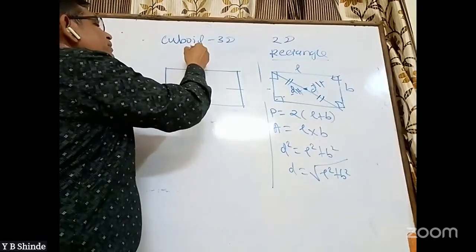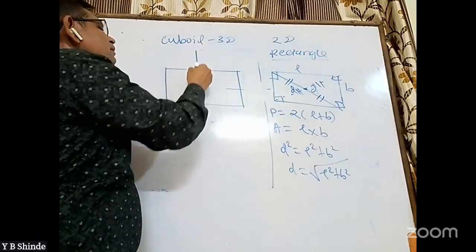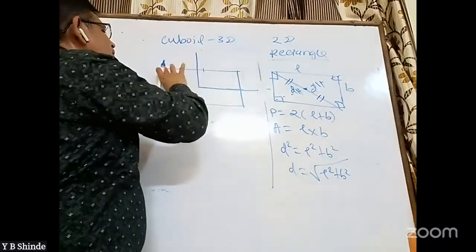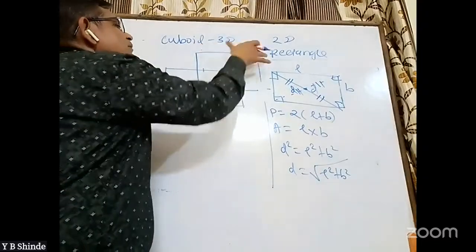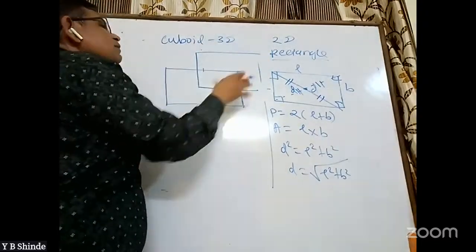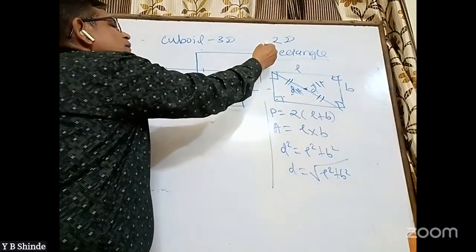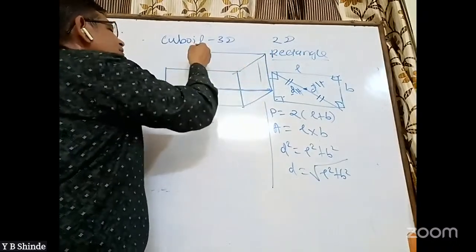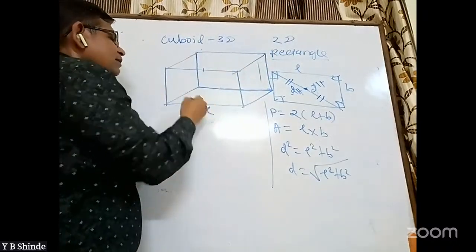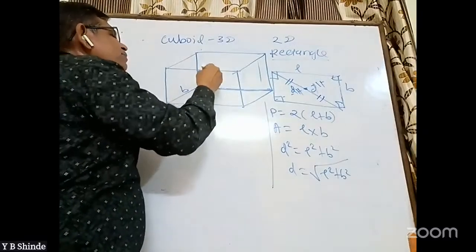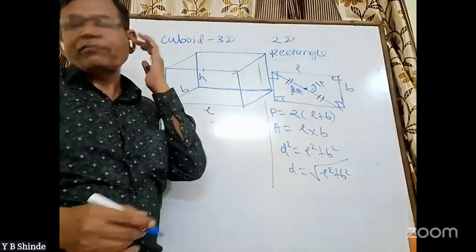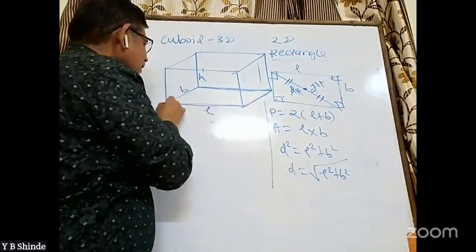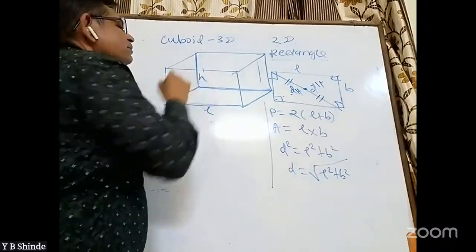How to draw the cuboid? Same portion, same length. Okay, join these corners. You will have the cuboid with L, B, and this will be height.